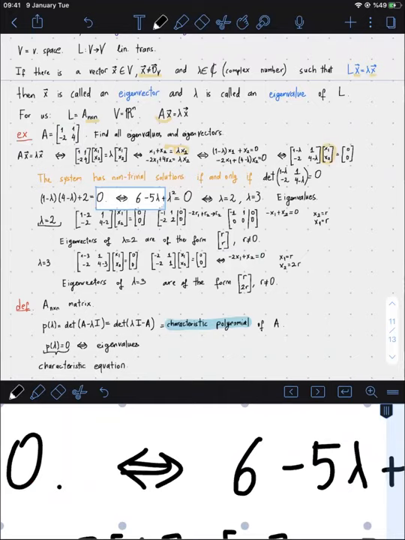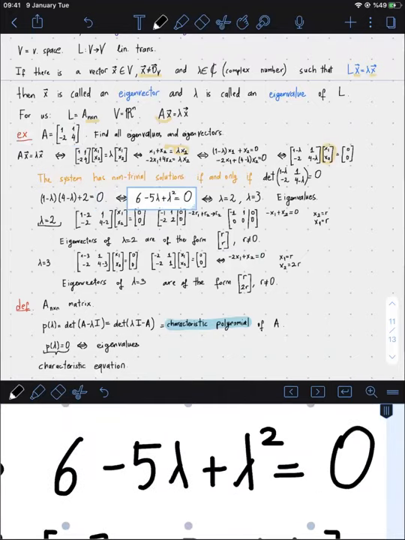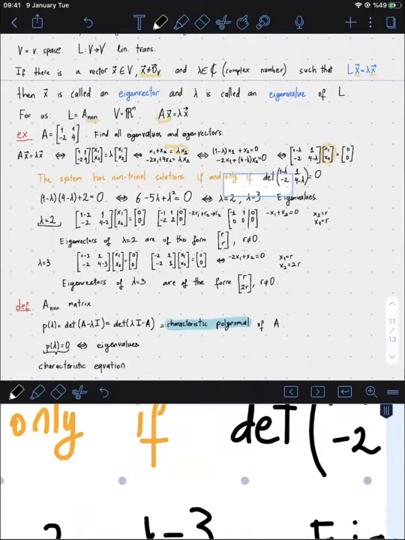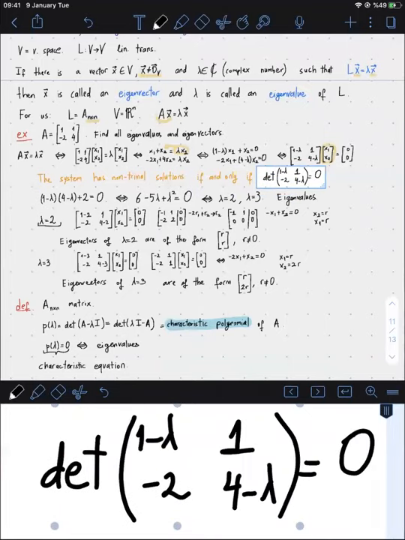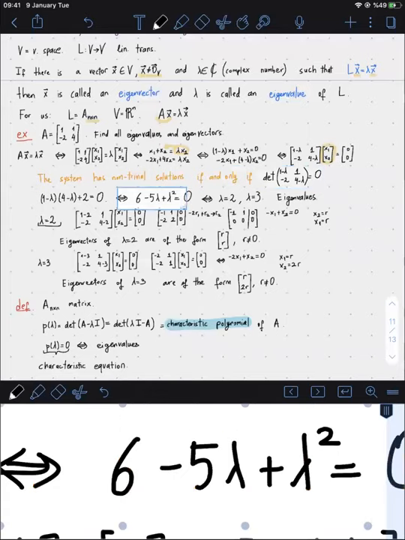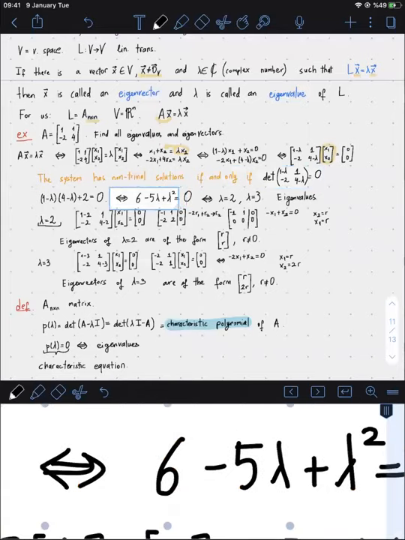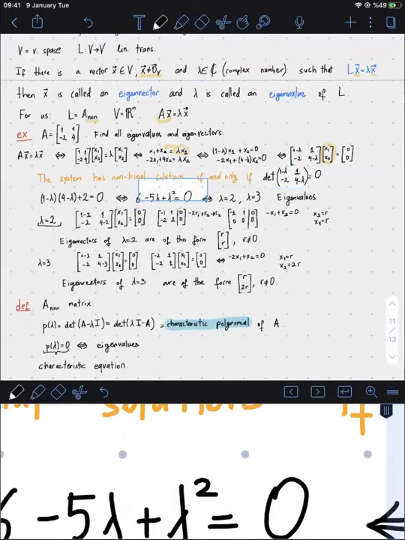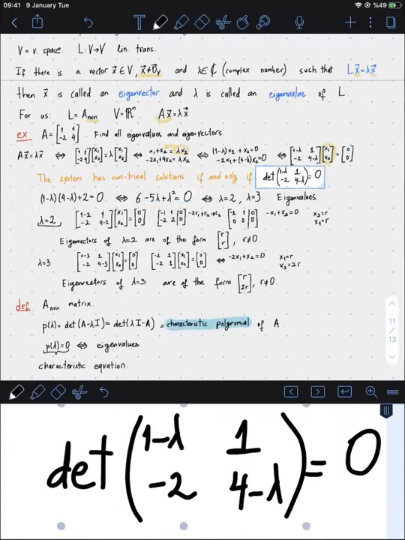Lambda is just a Greek letter, just like x. Lambda is the standard symbol for eigenvalues. If you look at this, we obtained this equation from this determinant relation: the determinant of this matrix is 0. The determinant is just a scalar. It's a polynomial, but it's a scalar. If you compute the determinant of this, we ended up with this equation.